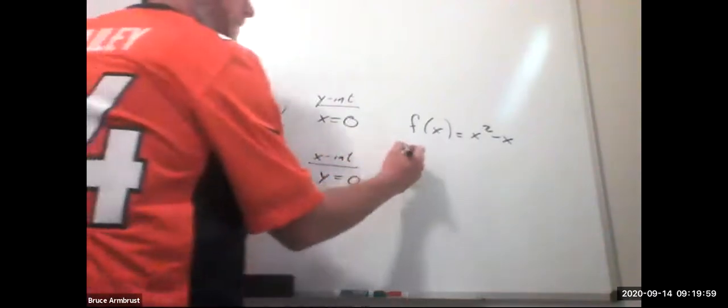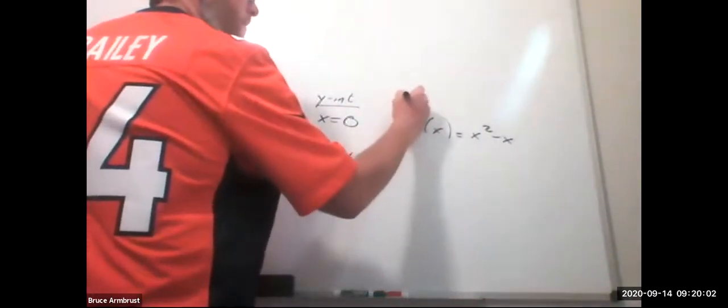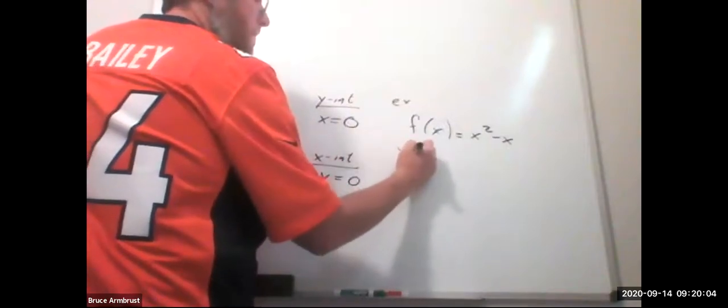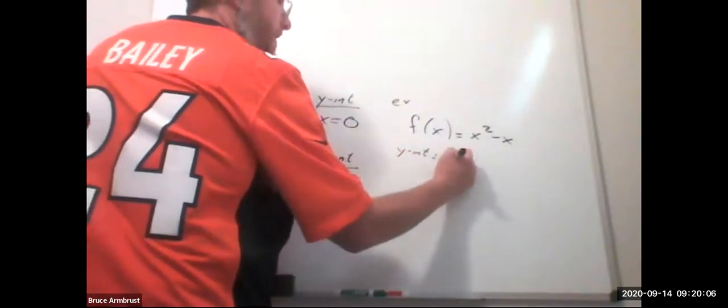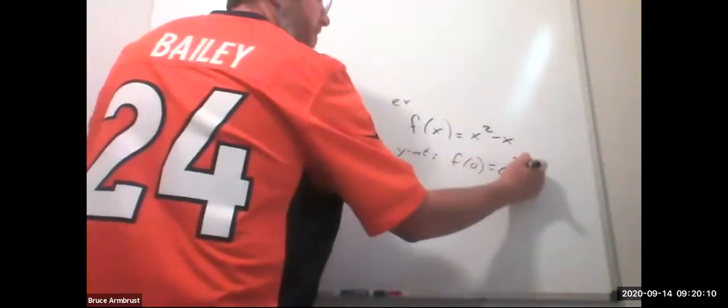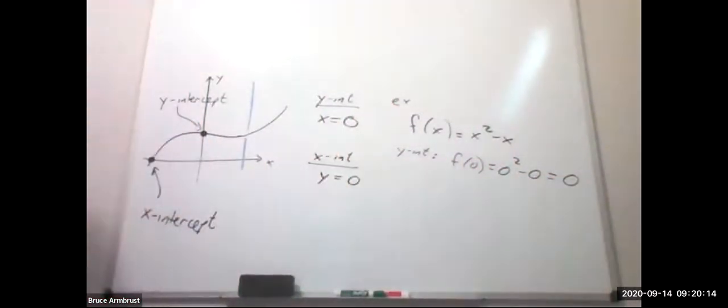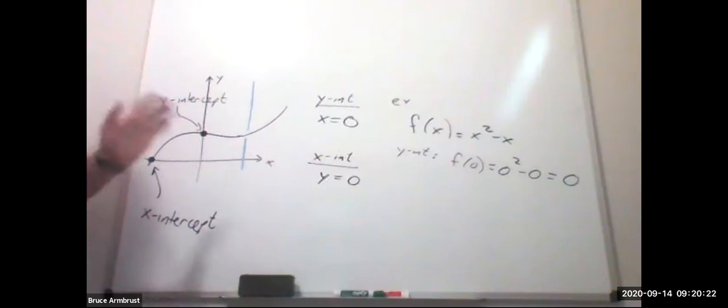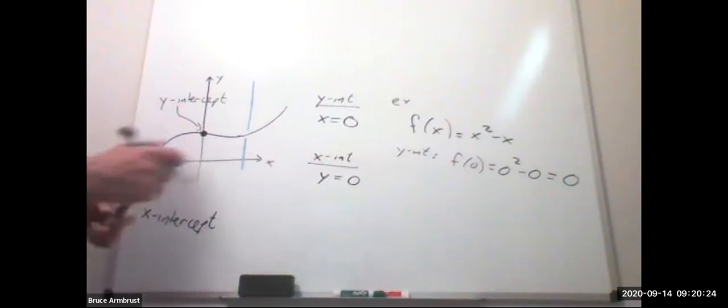So if we start with the y-intercept, we're going to set x equal to 0. So we'll plug 0 into our function. So we get 0 squared minus 0, which is 0. So that one, I know it's actually going to go through the origin, right? So we've got an intercept of (0, 0).